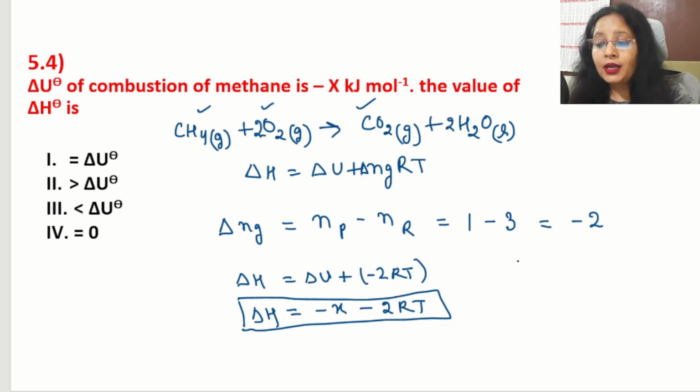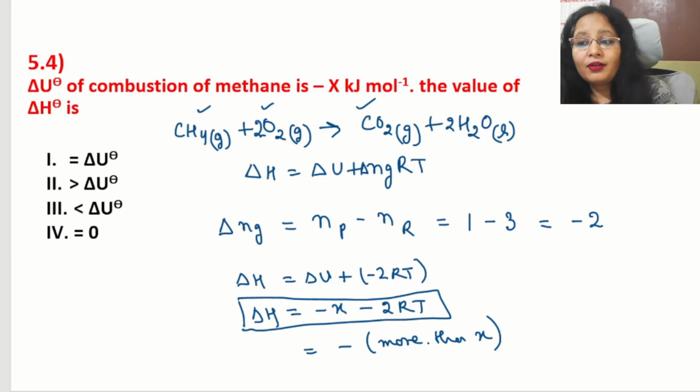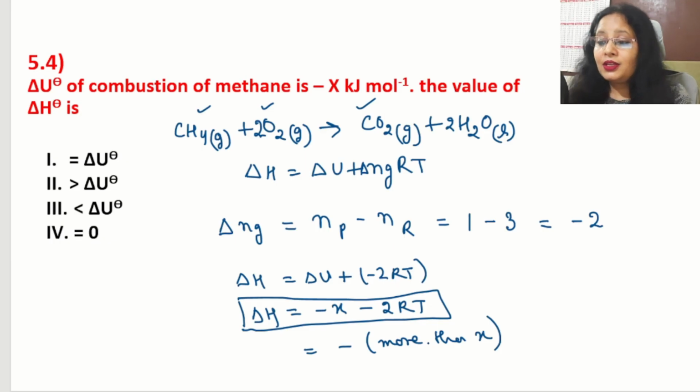Both the values are added, it means the last value will be more than X. Correct? More than X, and it will be minus, and which will be more than X. Minus value and which is more than the X value. It means we will get a more negative value.